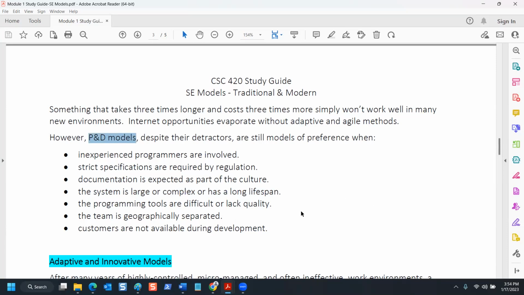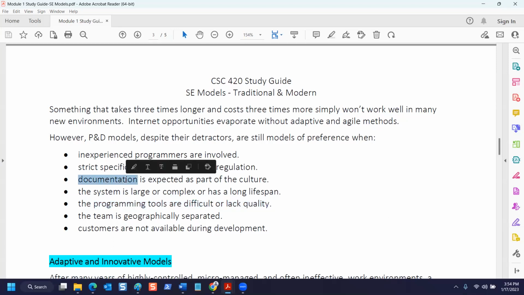One thing you're going to notice is that some development solution providers kind of mix it up. It all depends on the need and the interest. But when it comes to traditional models of developing solutions, the system is large. The programming tools are difficult or lack quality. So why is a planning and development model of solution engineering an ideal thing where the programming tools are difficult or lack quality?